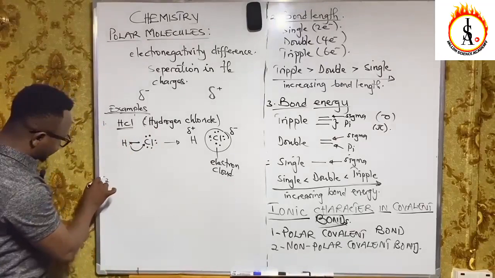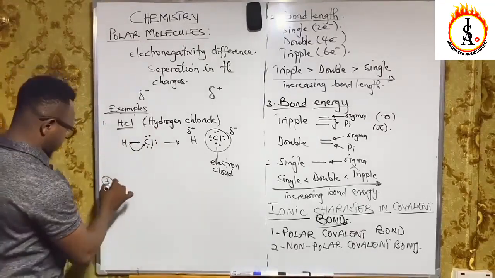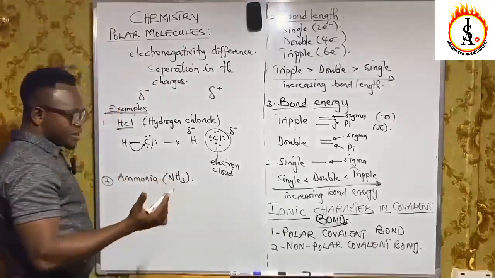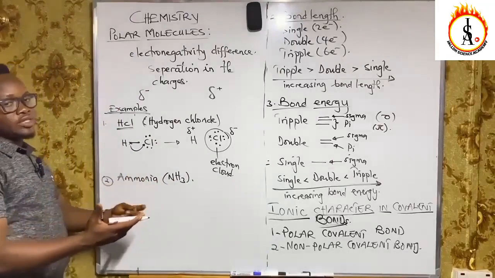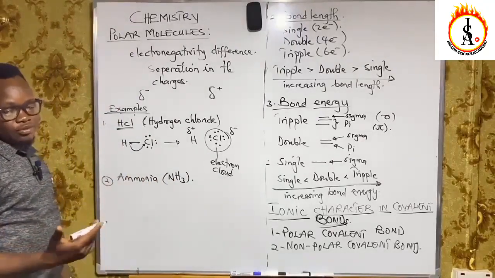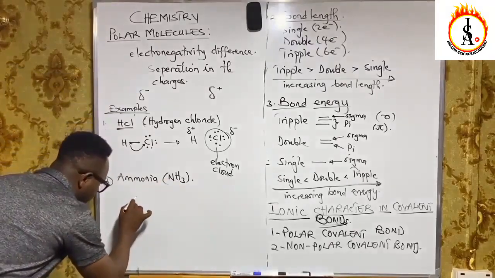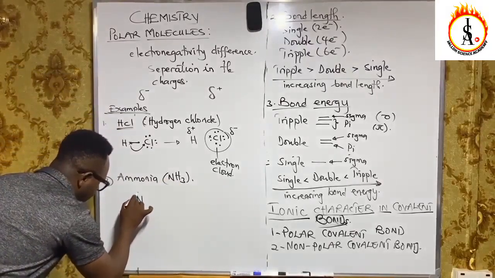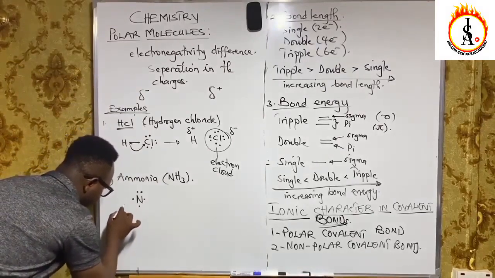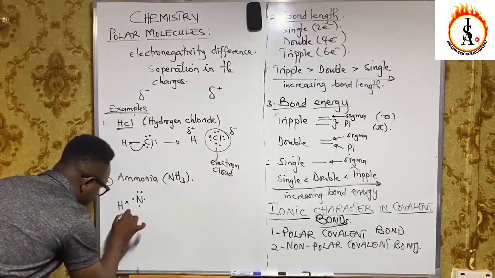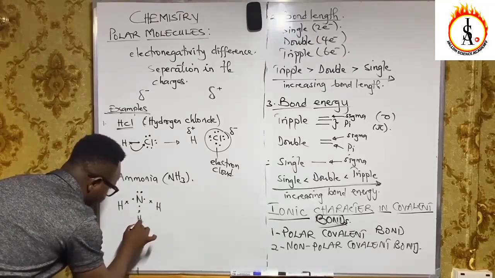Another example we can look at is aqueous ammonia. In the ammonia molecules, the electrons of the hydrogen are closer to the nitrogen atom. Reason being, the nitrogen is more electronegative. So when the bond is formed, this is actually what happens. Nitrogen has a lone pair here with 3 unpaired electrons, and it bonds with hydrogen, forming a bond here.